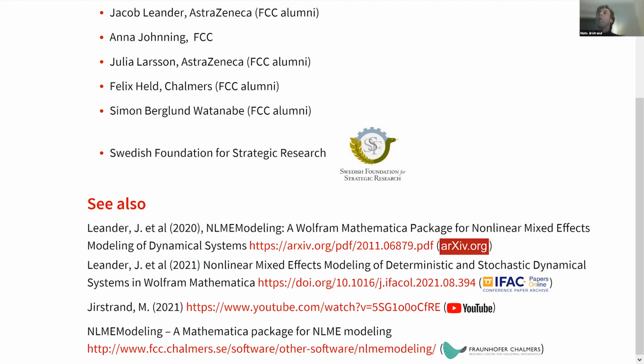Okay, can one use global search algorithms in this package? No, not in this one. Since we have the likelihood function, it would be very easy to include it, but our focus has not really been in that region.